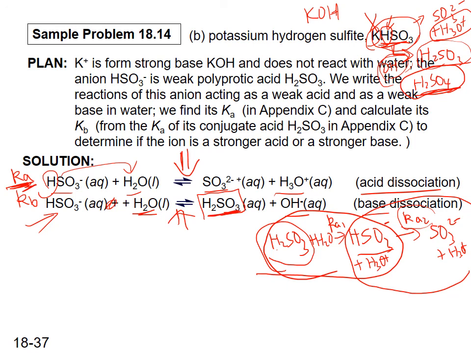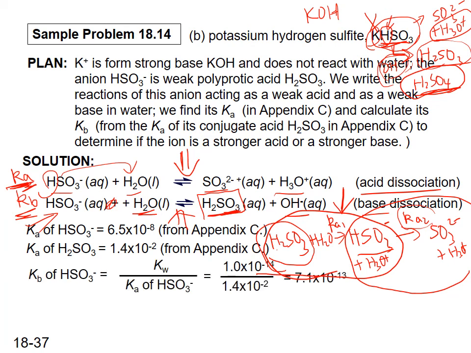So this is the opposite. In other words, Kb is Kw divided by Ka1. Ka1 and Ka2 can both be found from the textbook, and here is Ka1, that's this one. So Kw divided by Ka1 gives you Kb.